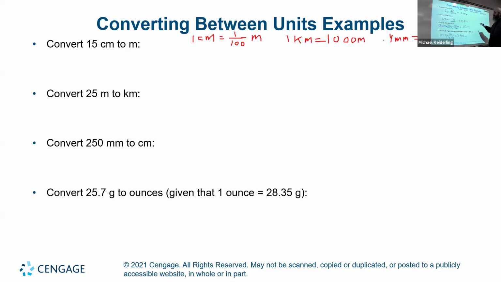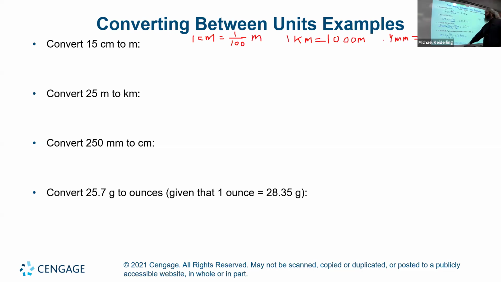Now another example you could do: 15 centimeters times... You could also write it as 10 to the minus 2 meters over 1 centimeter. And then this is 15 times 10 to the minus 2, right?